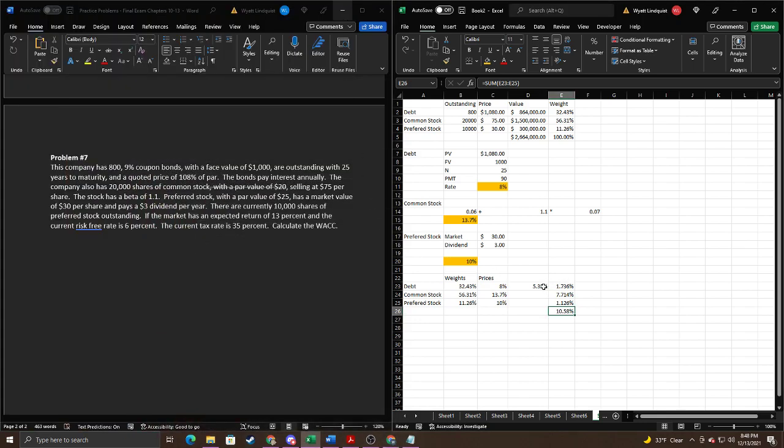So the most common error is probably going to be that you forget to take out this tax part. Just remember to do that, and remember that it's only on debt, because we can write off a percentage of the interest we pay on the debt as an expense.